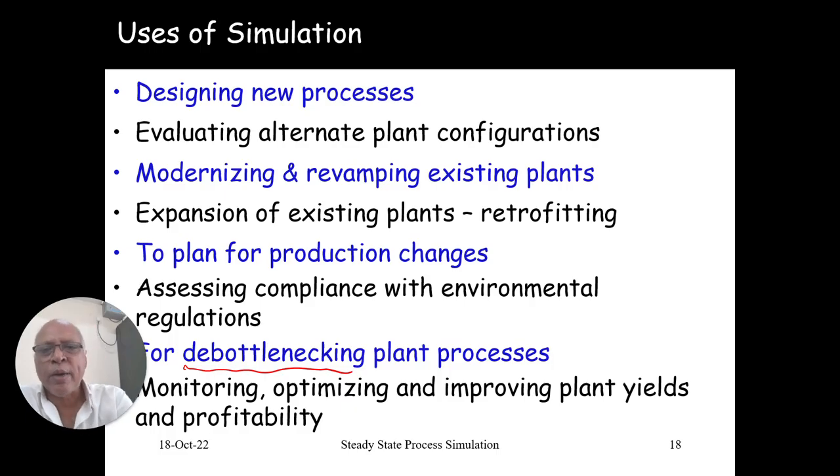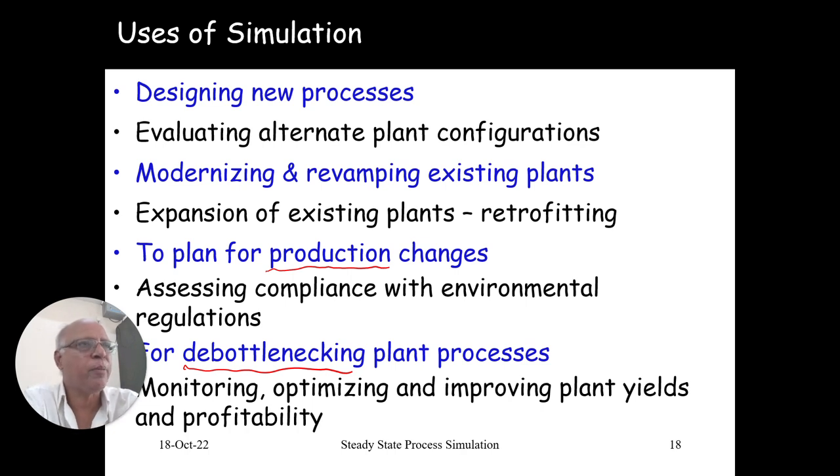Now, sometimes the process simulator can also be effectively used to take care of production changes. This typically happens with refineries. Depending on the market situation, you may have to fine-tune the product rate. So you have the possibility of producing more diesel, more petrol, or more kerosene by fine-tuning the operating conditions.